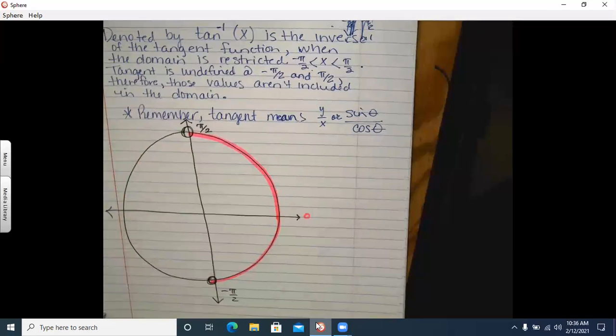And we're going to find the inverse of 30 degrees, 60 degrees, 45 degrees, negative 30 degrees, negative 45 degrees, negative 60 degrees, okay? Within these two quadrants, quadrant 1 and quadrant 4.